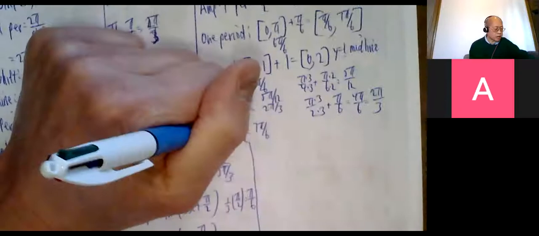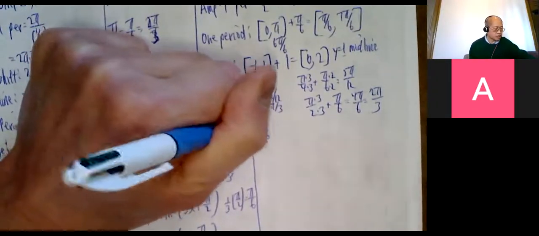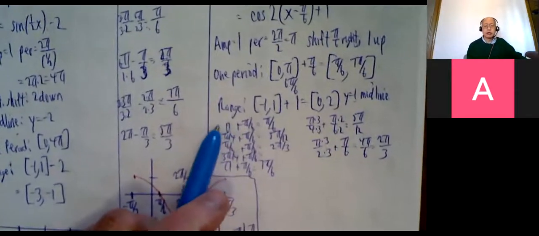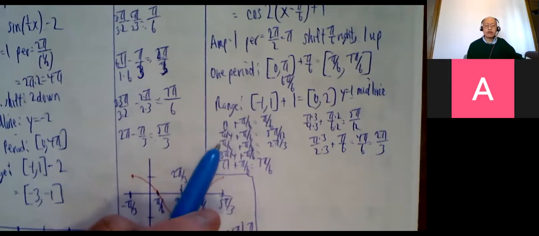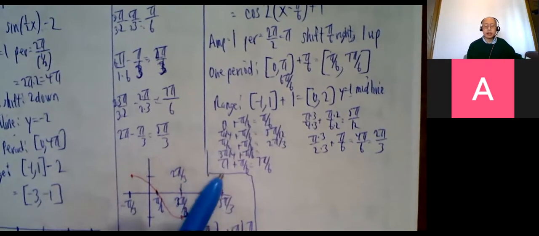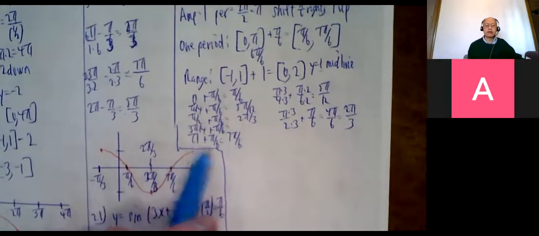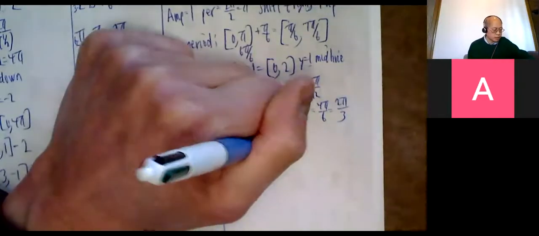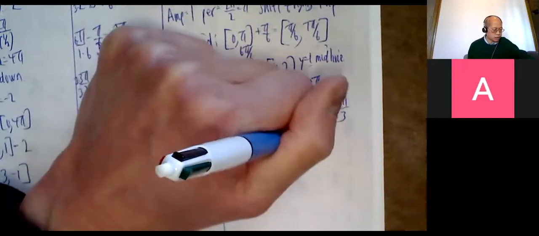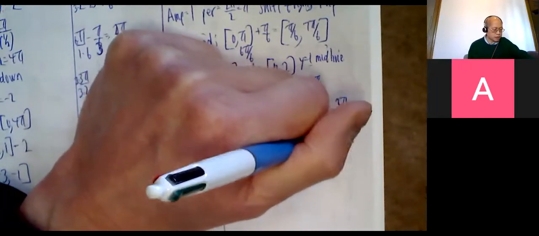And finally, 3 pi over 4 plus pi over 6. Remember, we're moving the whole graph pi over 6 to the right. So my beginning mark, quarter mark, halfway mark, 3/4 mark, and end mark all have to be added by pi over 6. So scratch paper, 3 pi over 4 plus pi over 6.